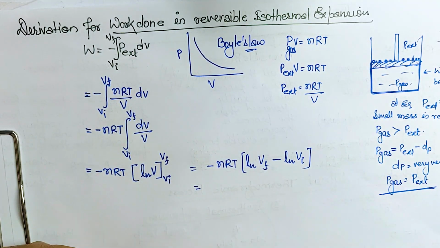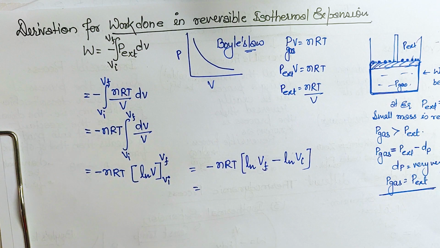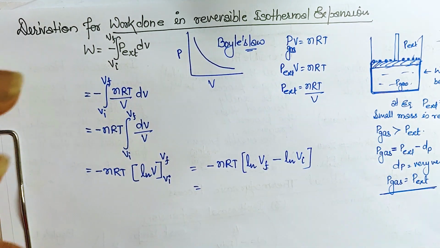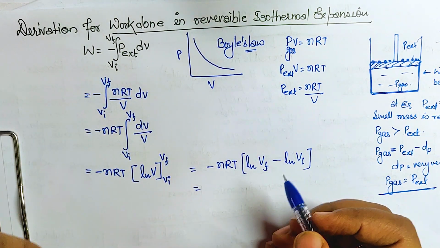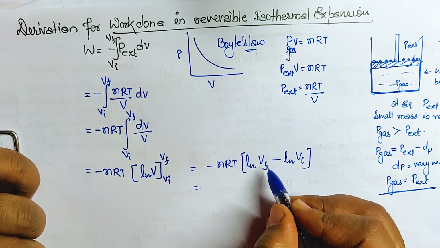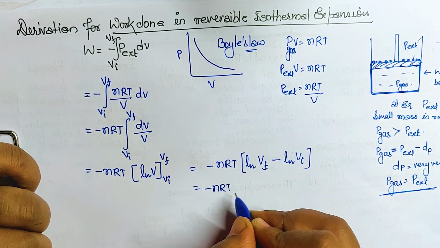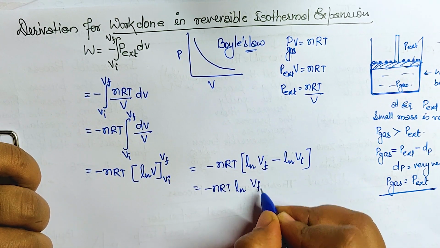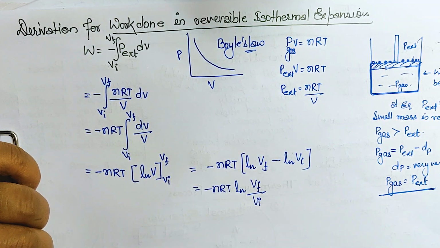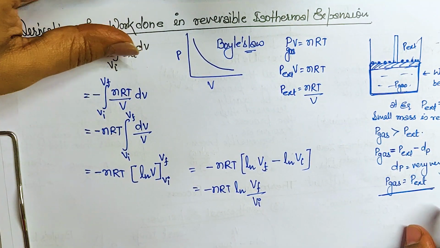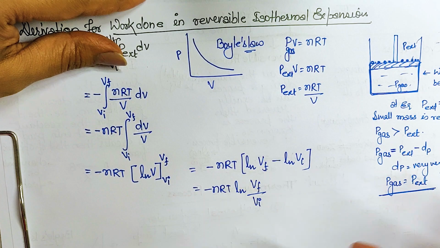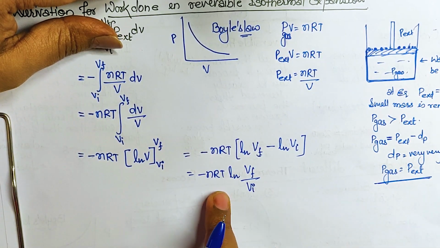I will explain what this log is, don't worry about that. I will share a video to show the log and how to find log values. So there is a formula: suppose this is m and this is n, so we can write minus nRT log m upon n. And as I told you, we cannot calculate the value in natural logarithm form.